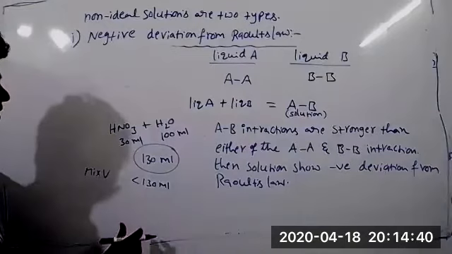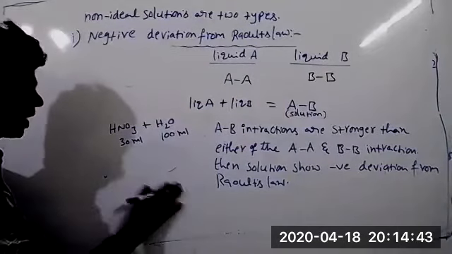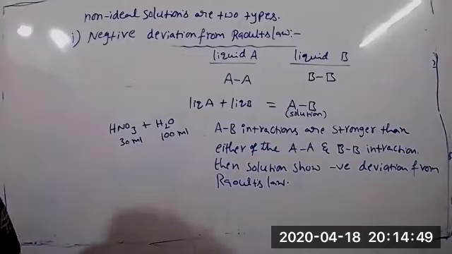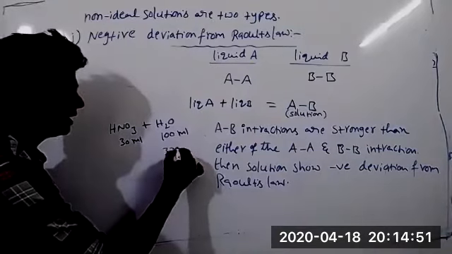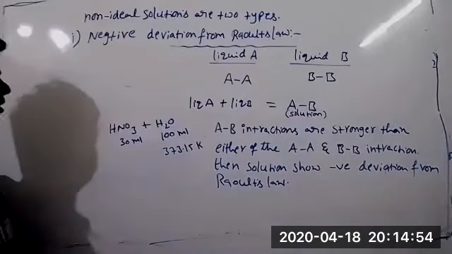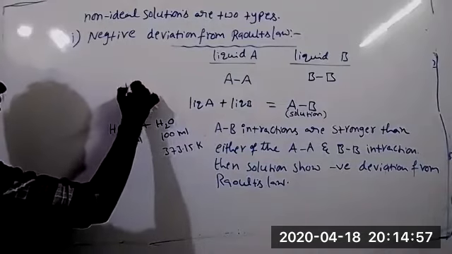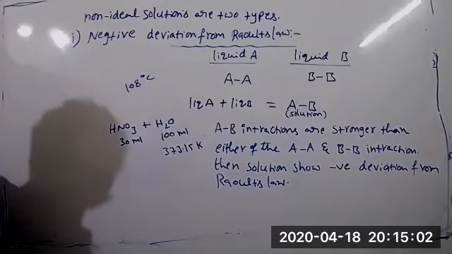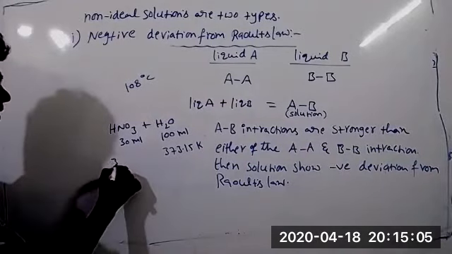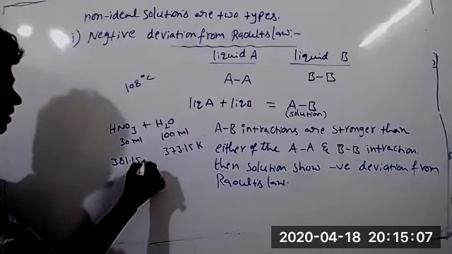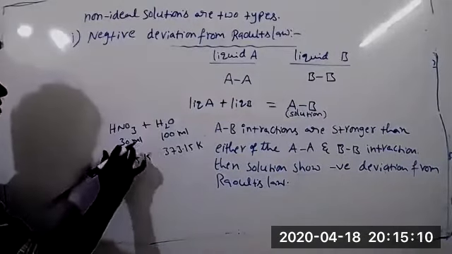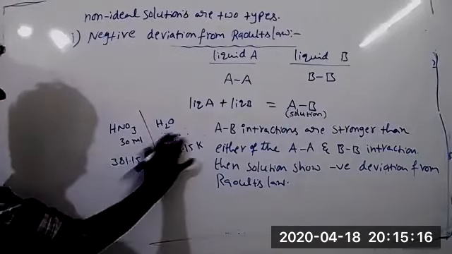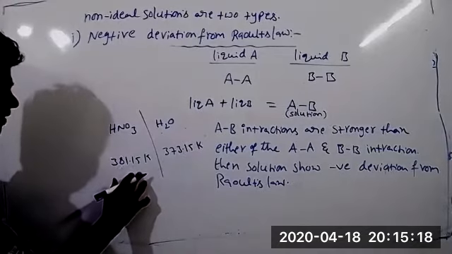And also its boiling point. What is water's boiling point? 100 degrees centigrade, nothing but 373.15 Kelvin. Nitric acid boiling point is nearly 108 degrees centigrade, add 8 degrees centigrade, it gives 381.15 Kelvin. This is individually: water has 373.15, HNO3 has 381.15 Kelvin.